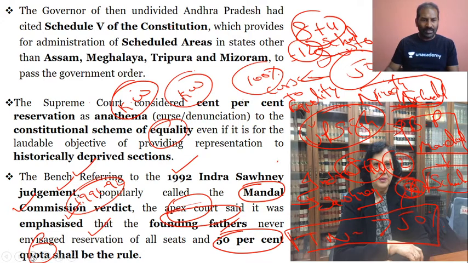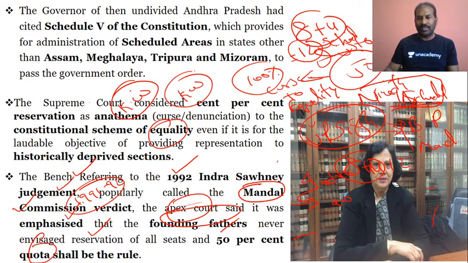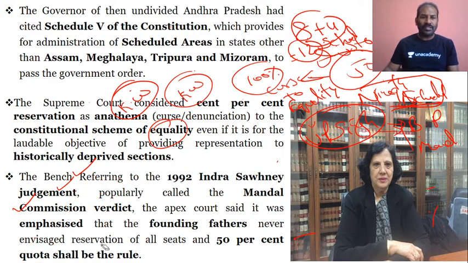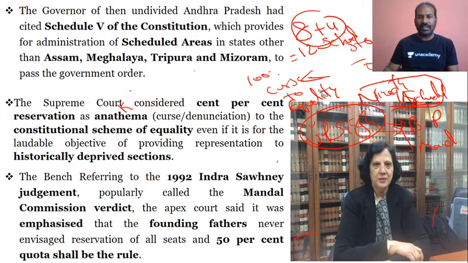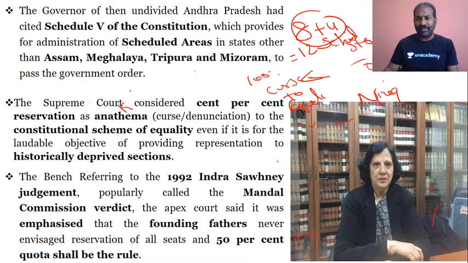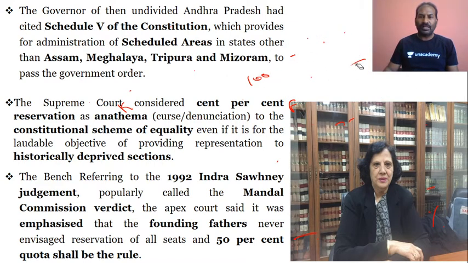So now I think you are understanding better the way we are going ahead with the discussion, not just AP, comparing it with the 1992 Indira Sawhney case, wherein the emphasis was made in the judgment that they would not be going against the founding fathers.